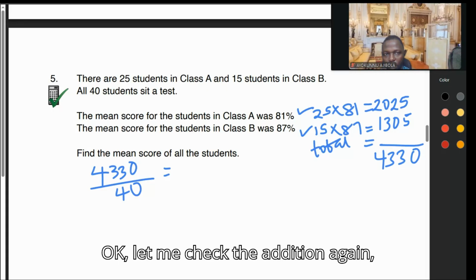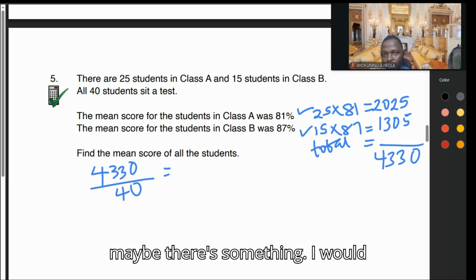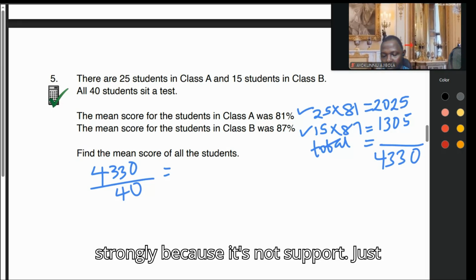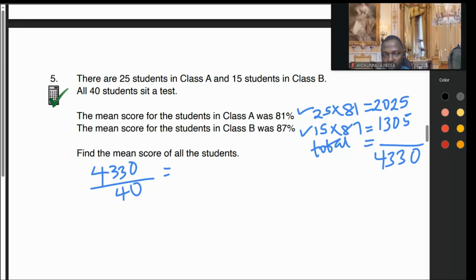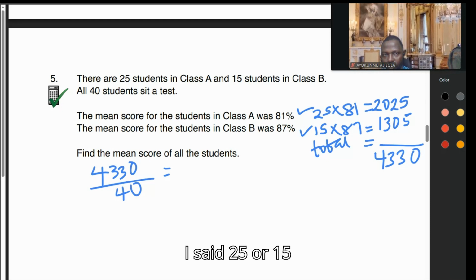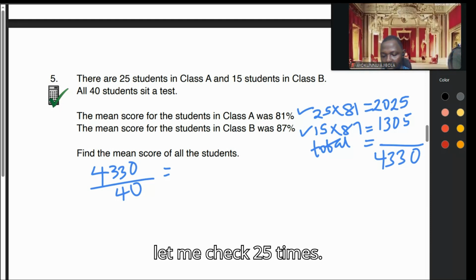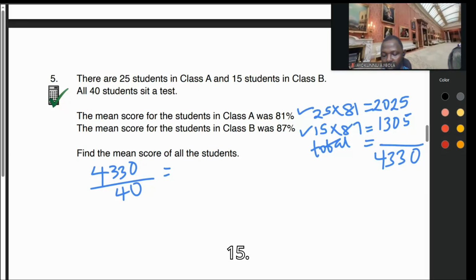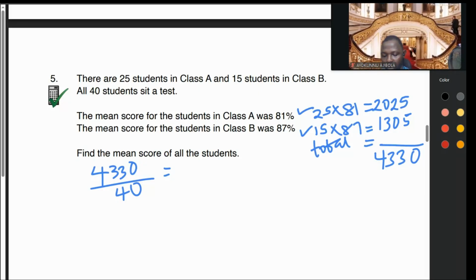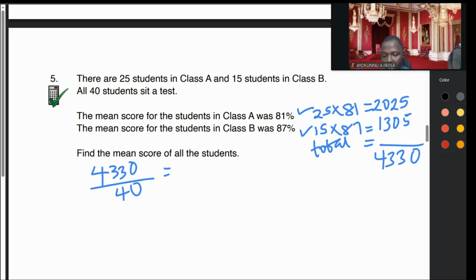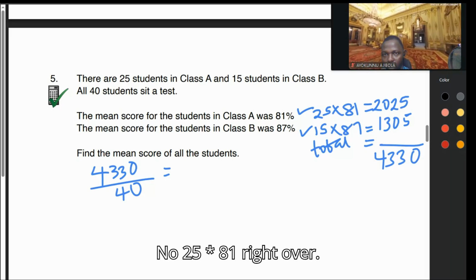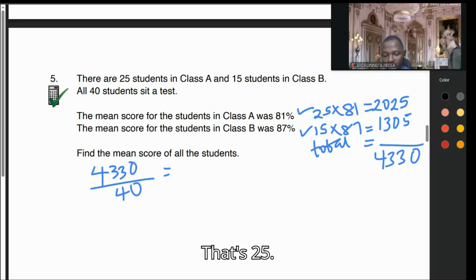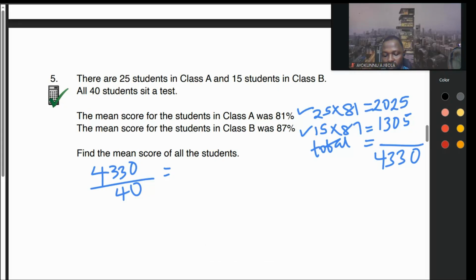Okay, let me check the addition again. Maybe there's something wrong there, because it's not supposed to give me that. 25 times 81 is 2025.